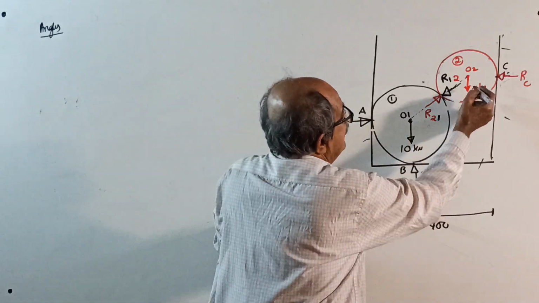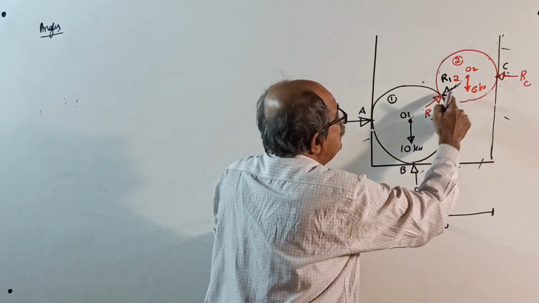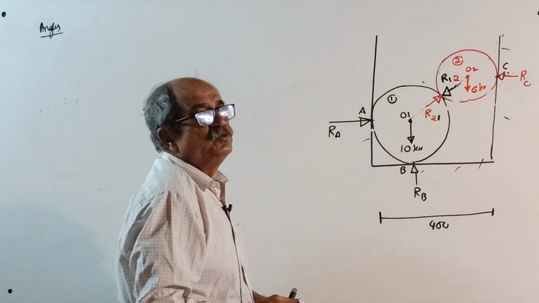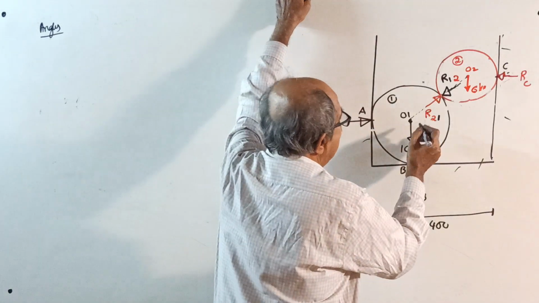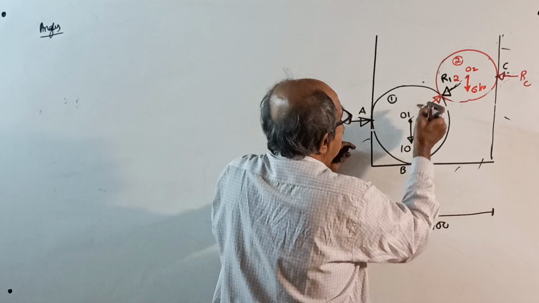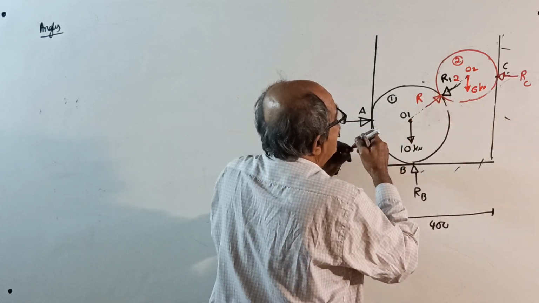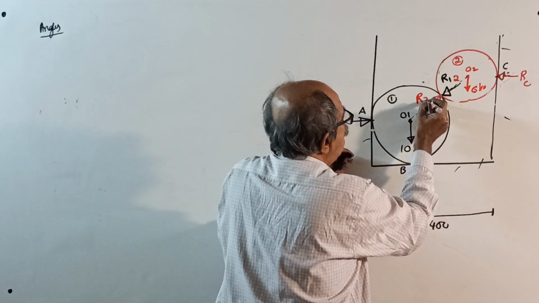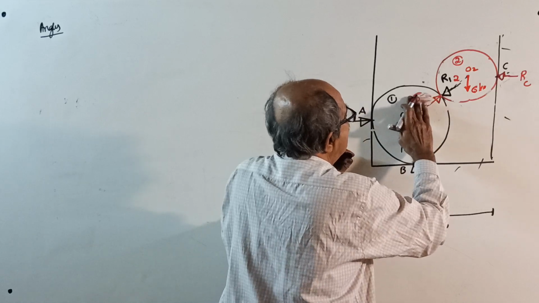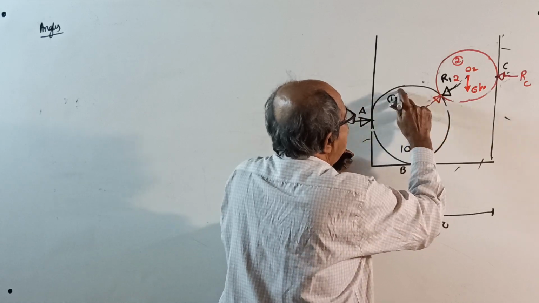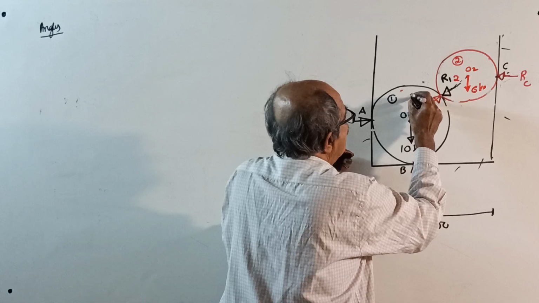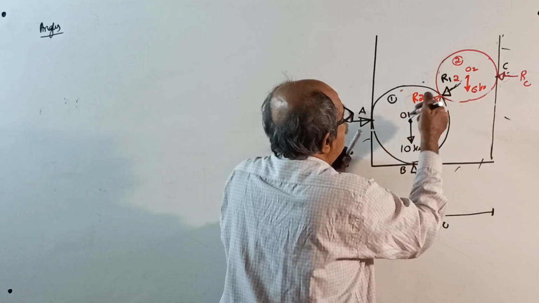Again, no confusion. But for R21 and R12, you want the angle. For that, do one thing. See, this I write here now: R, reaction on 2, a little bigger I write. Reaction on 2 from 1.